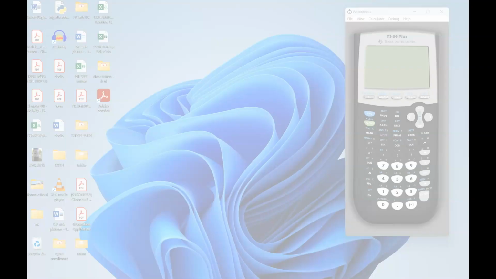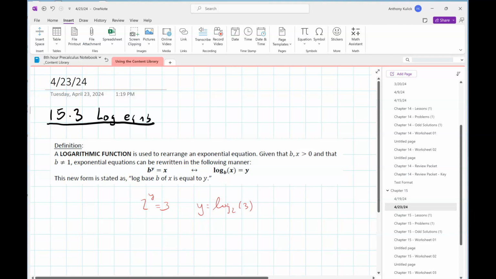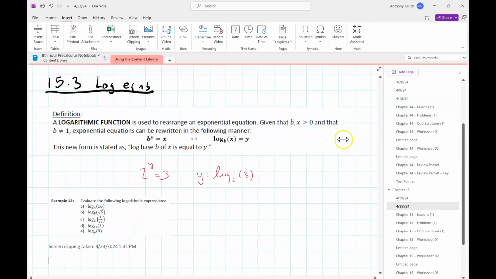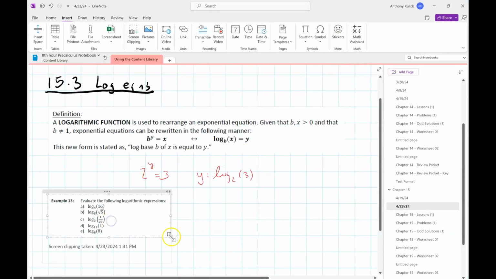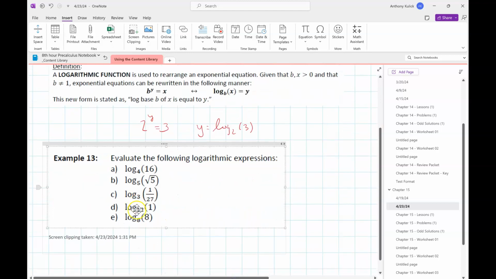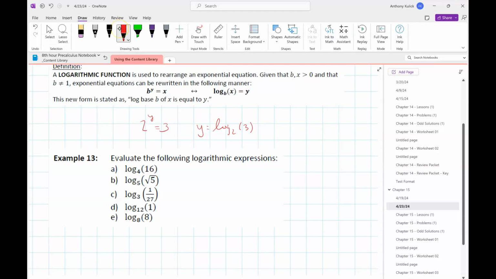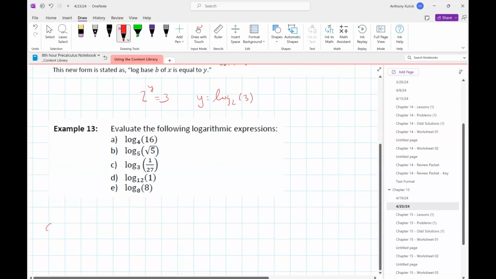So let's do a couple of examples. So here's a bunch of logarithmic expressions. We're just going to try to evaluate these guys.